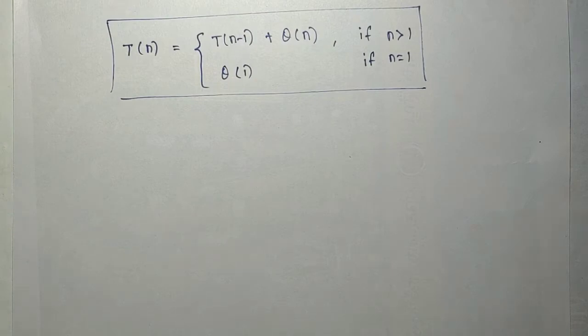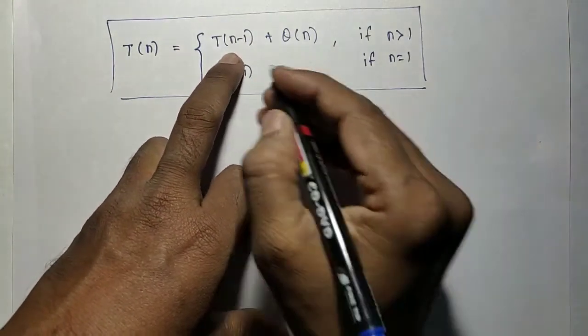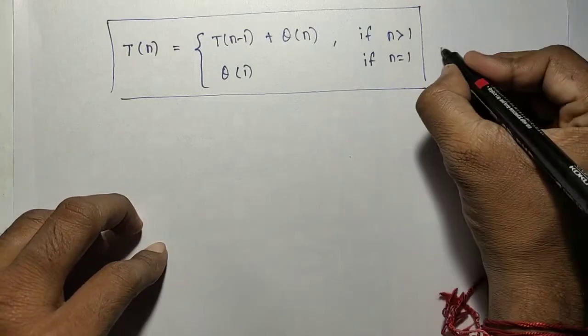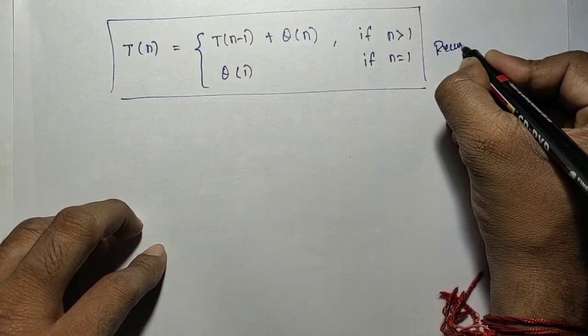So if we want to solve this recurrence, we need to go for the recursion tree method or the substitution method. I will briefly explain this method, so try to understand.